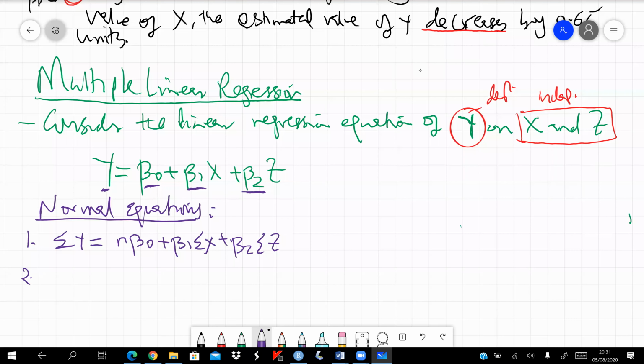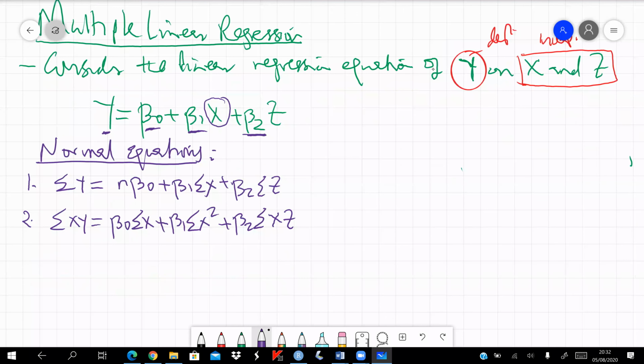The second normal equation, I will take my first independent variable, x in that case, I multiply everywhere by x, then I sum. So I'll end up with summation of xy is equal to beta naught summation of x plus beta 1 summation of x squared plus beta 2 summation of xz. The final normal equation, I take my other independent variable, which is z, multiply everywhere by z, then you sum.